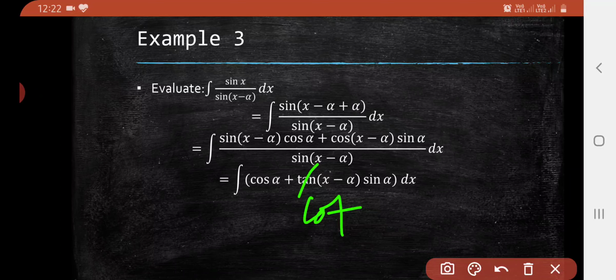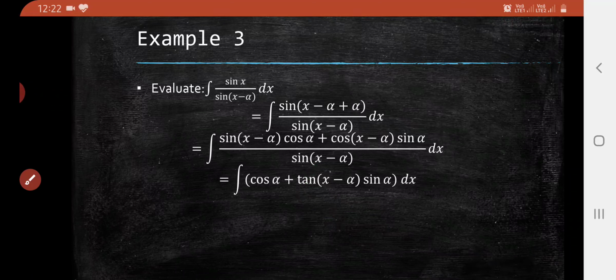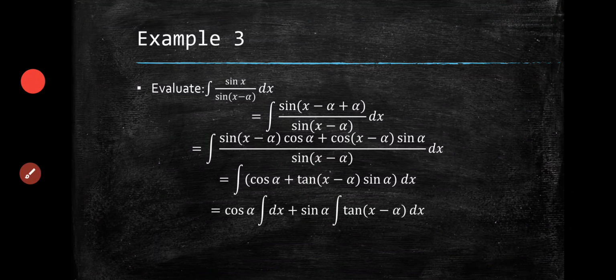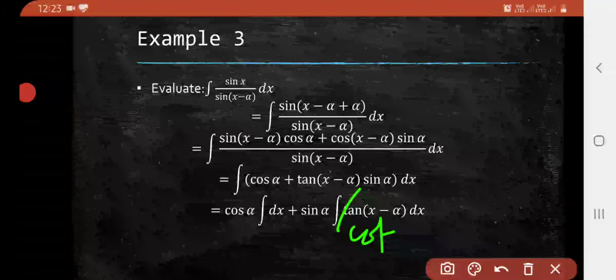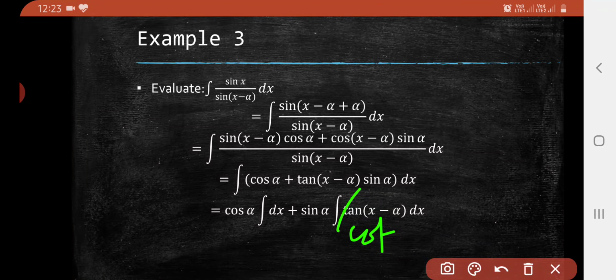Now once I have this cot of x minus alpha, we can break it down. It will be cos alpha dx plus sin alpha into the integration of cot of x minus alpha dx. Once again, this should be cot, please ensure to correct it.